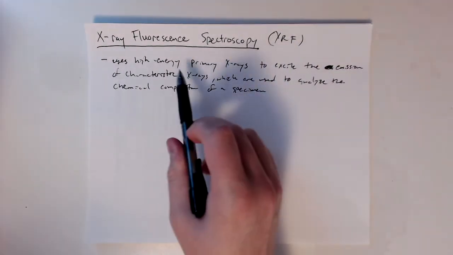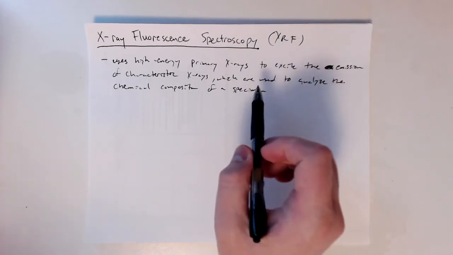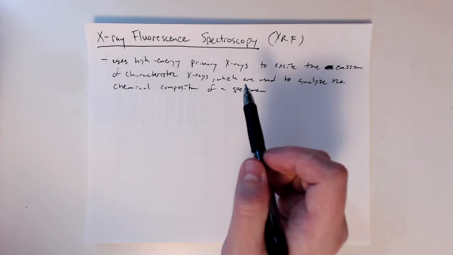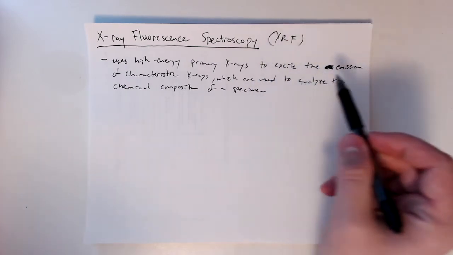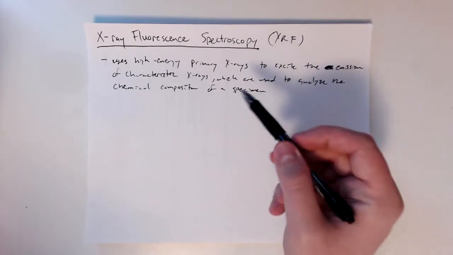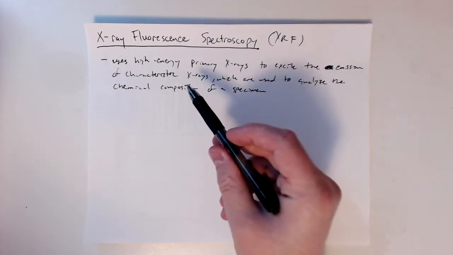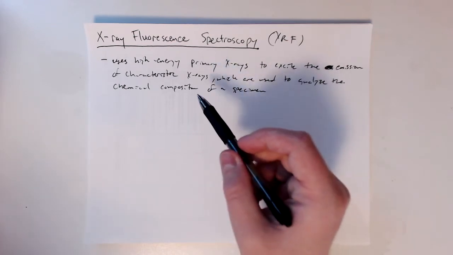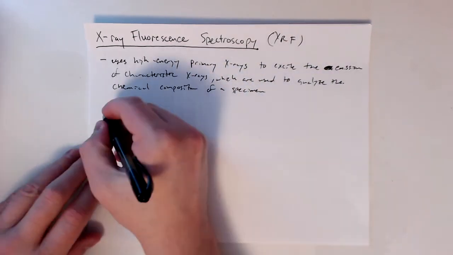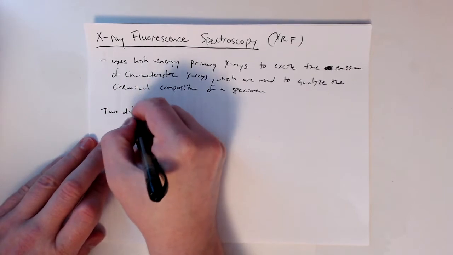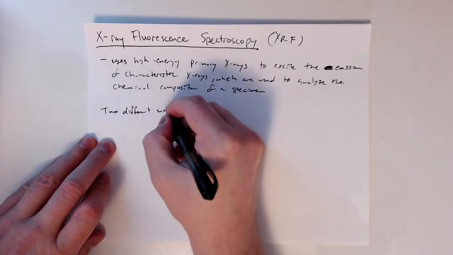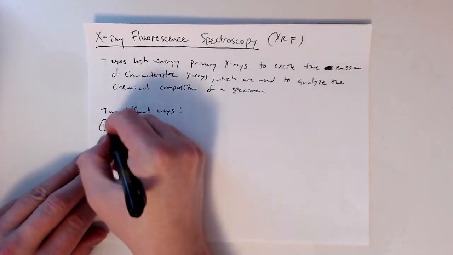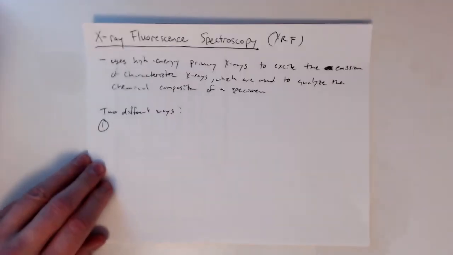So basically XRF, or X-ray fluorescence spectroscopy, is using X-rays as the primary and also using X-rays, the secondary or produced characteristic X-rays, to analyze. And so there are two different strategies that we can use to analyze these results, and it breaks down to the two types of spectroscopy that we end up doing.